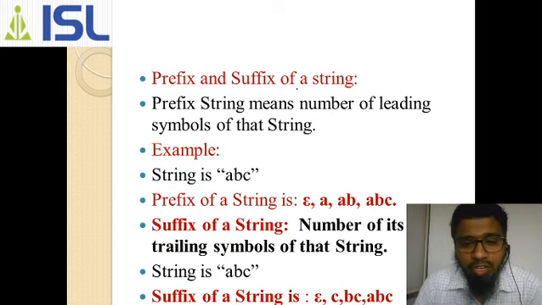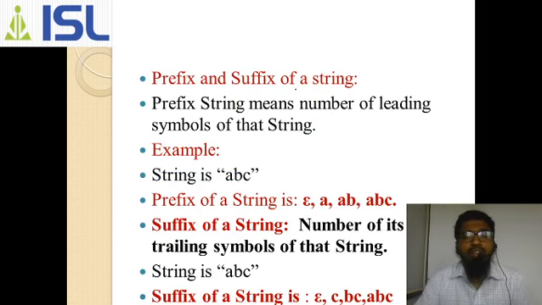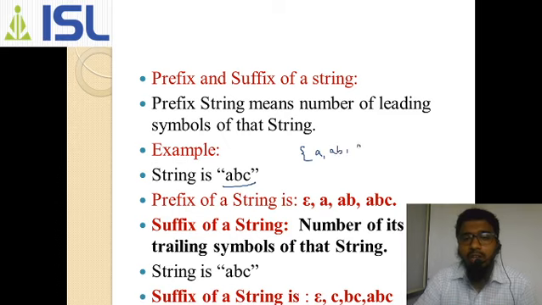Okay, so the next one is prefix and suffix of a string. Prefix of a string means the number of leading symbols of the string. For example, the string is ABC. First you need to take A, then AB, then ABC.